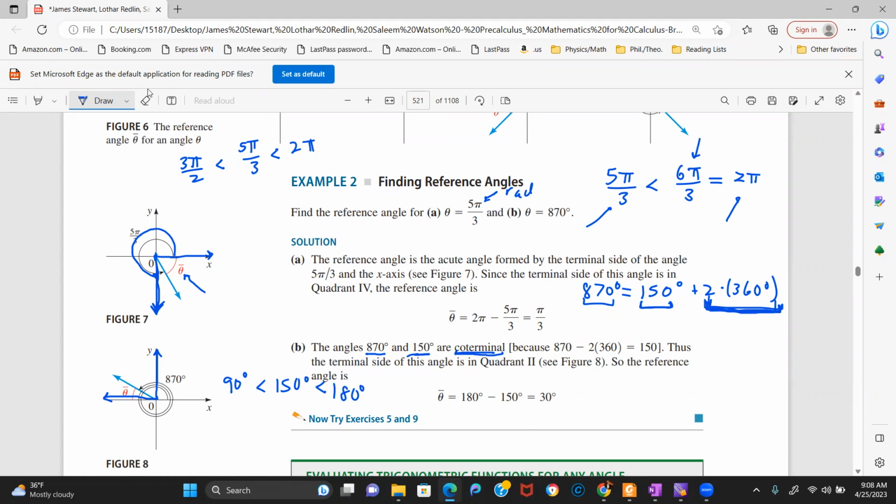Because your 150-degree rotation is between these two, it forces you into the second quadrant. To get the reference angle, which is this acute angle right here, you do 180 minus 150, and that gives you 30 degrees. That's how you find the reference angle.